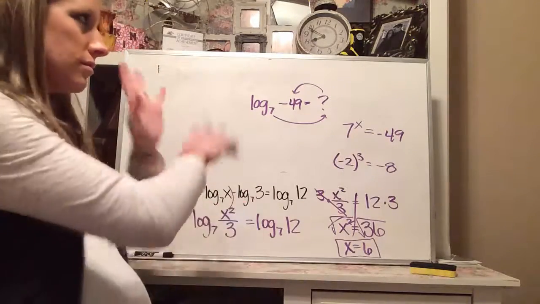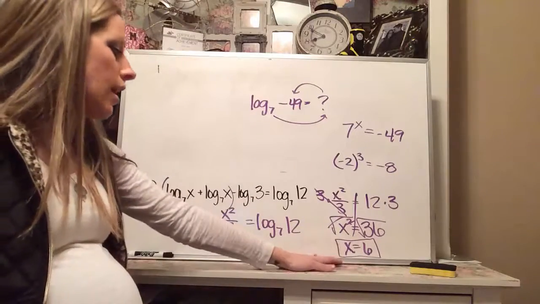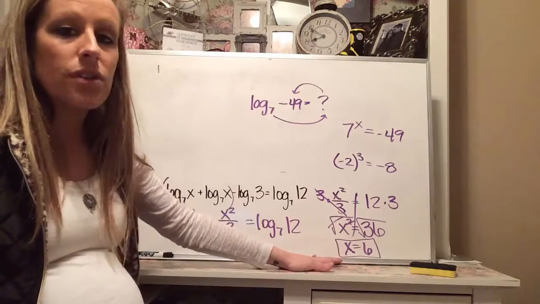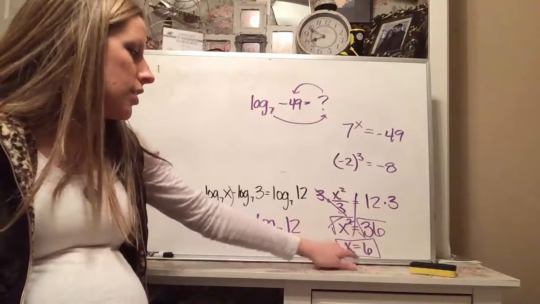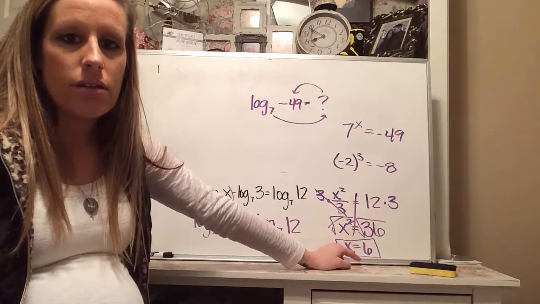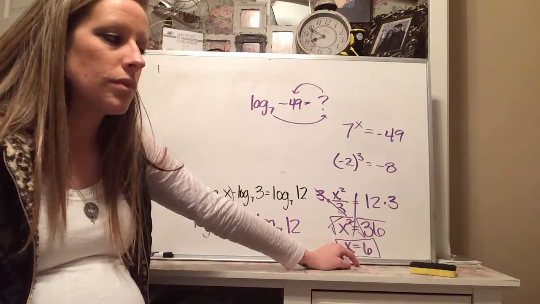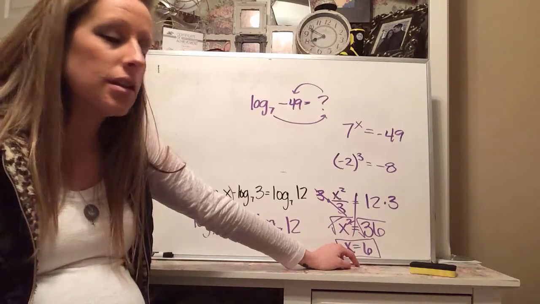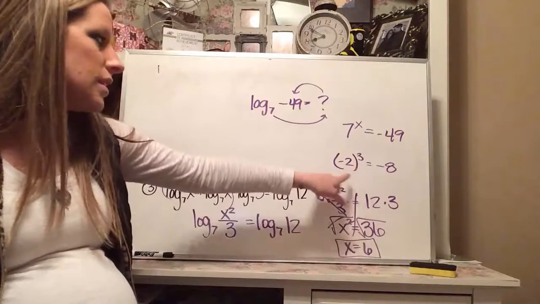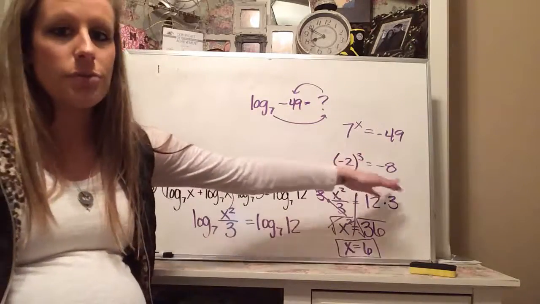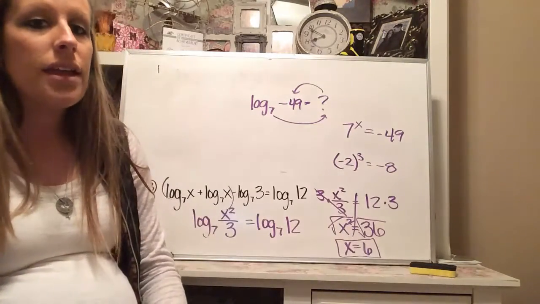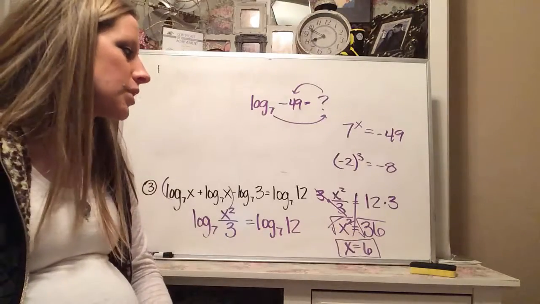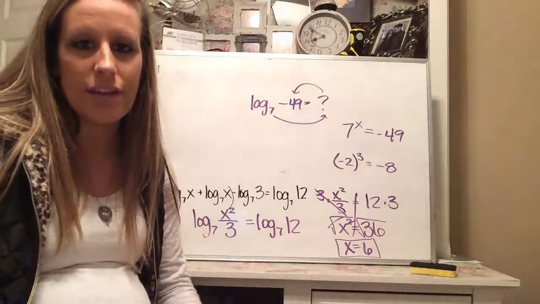So, I went through all that to tell you, whenever we solve logs, you're going to get a positive answer. I don't know that I've ever seen a log with a negative base. So this instance where -2 cubed is actually -8, it's possible, but you don't usually see logs with a negative base.